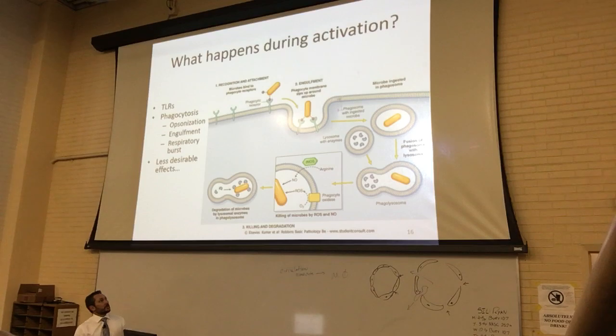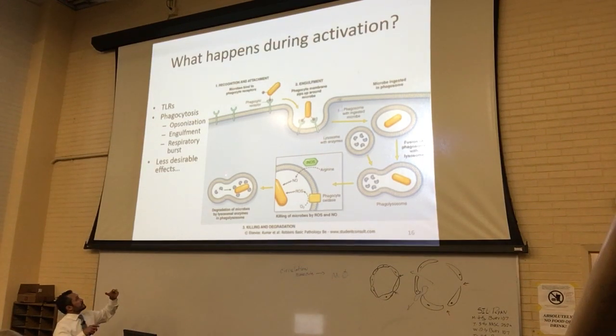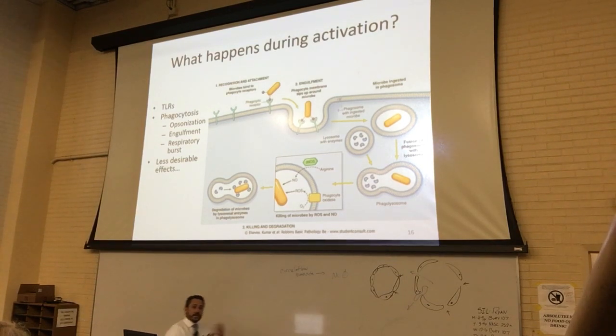Okay? So it's going to break down this microbe in a nice compartment, and once it does that, it can either excrete or get rid of, or it can recycle parts that it needed to, right?